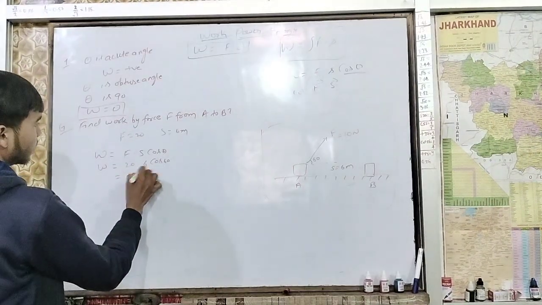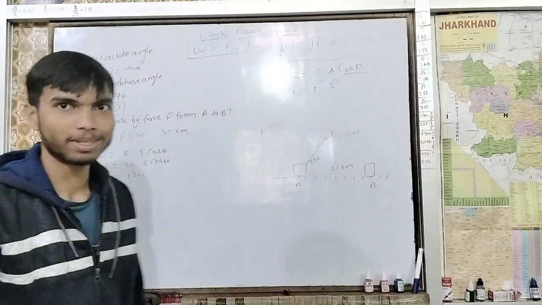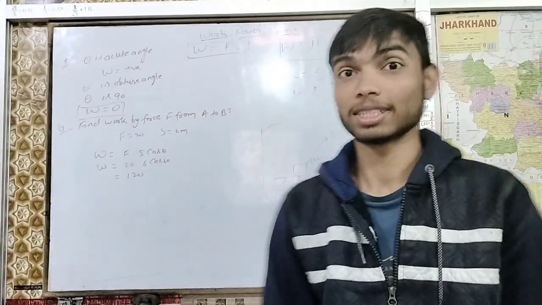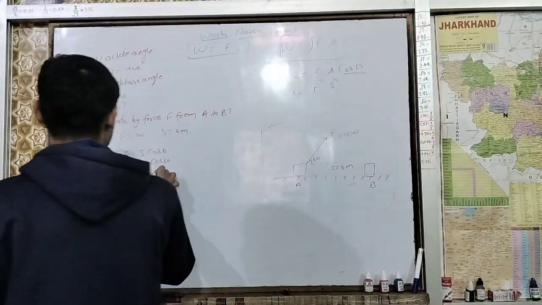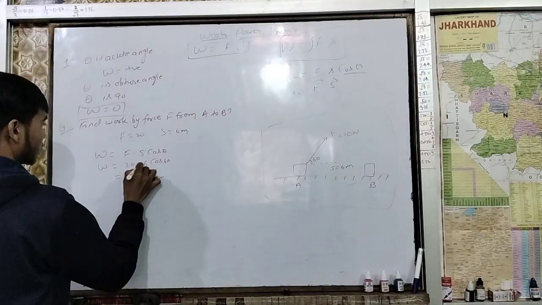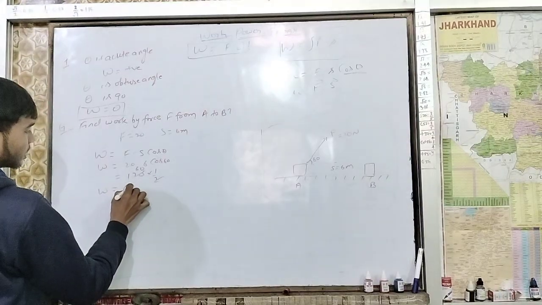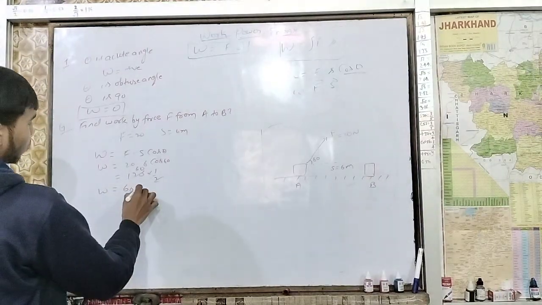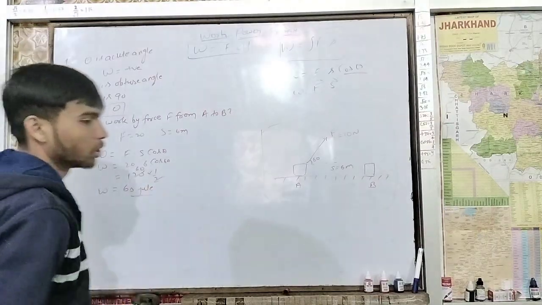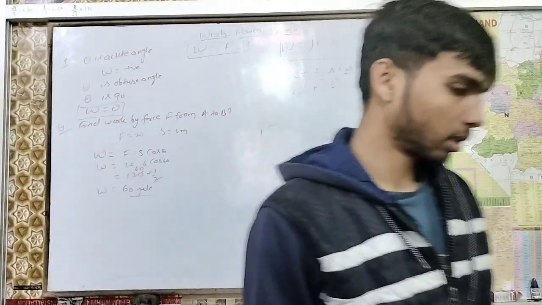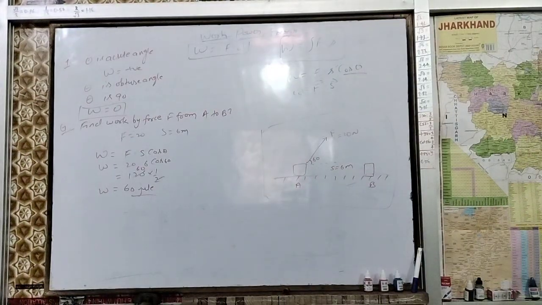So 120 cos 60 would be 1 by 2, so 1 by 2 of 120 is 60. So our work done by force is 60 joule. Remember, joule is a unit of work. That is how you will solve.